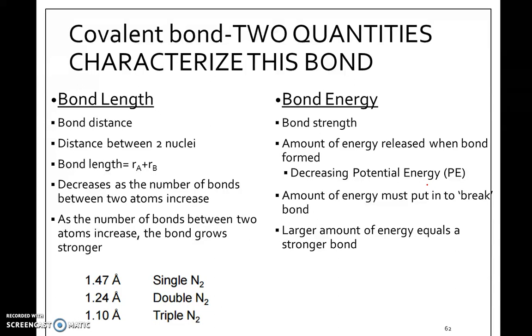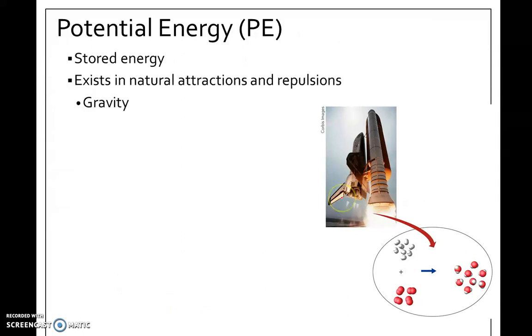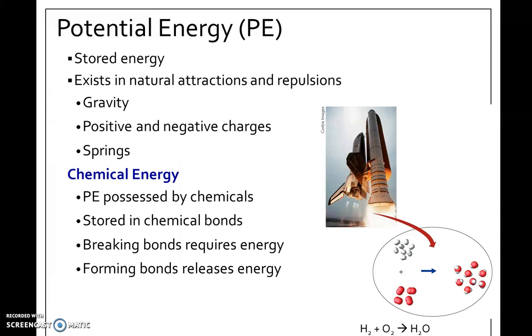If you have shorter sticks, they're harder to break. If you have multiple short sticks, they're even harder. So think about that when you're talking about bonds. There we go. Potential energy, again, is the stored energy.